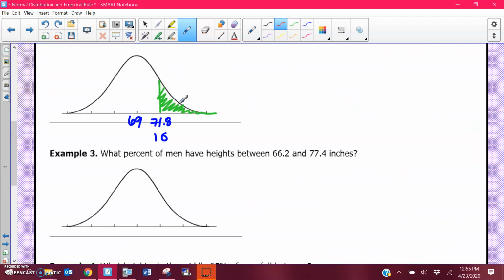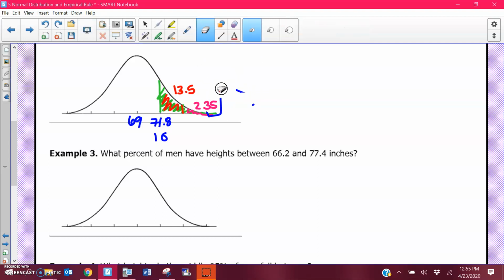In order for me to find this piece, this little part right here in between 1 and 2 standard deviations is 13.5. And then this tiny little tail is 2.35%. And then finally, the tiny bit of the tail that is super unusual is going to encompass 0.15%.